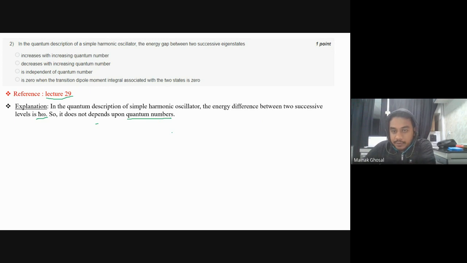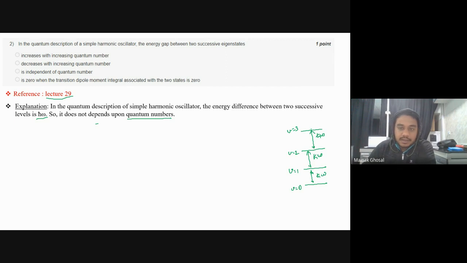You know this if you've done the course on vibrational spectroscopy: if you consider the simple harmonic oscillator approximation, suppose this is v equals 0, this is v equals 1, this is v equals 2, and this is the v equals 3 state, the energy between any two successive levels is always h cross omega.